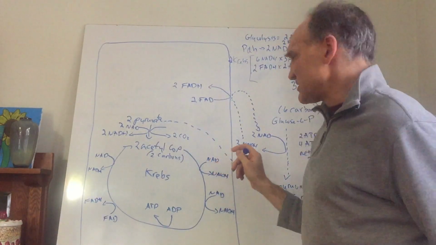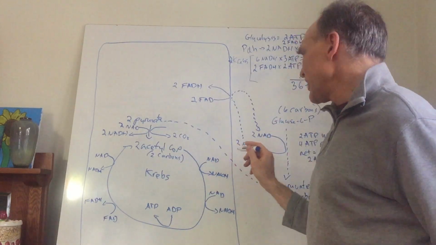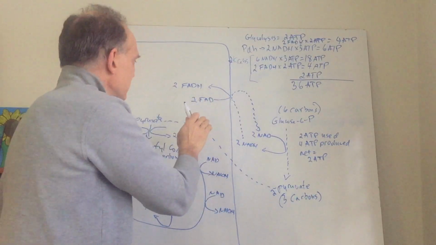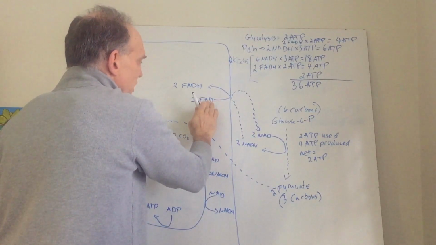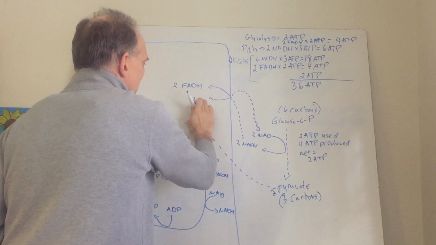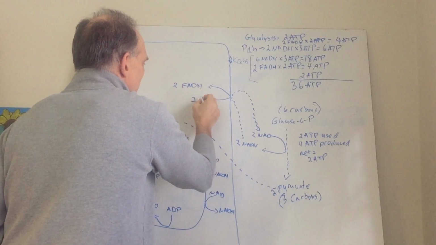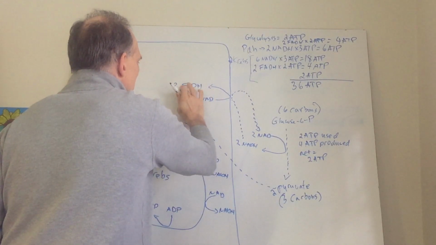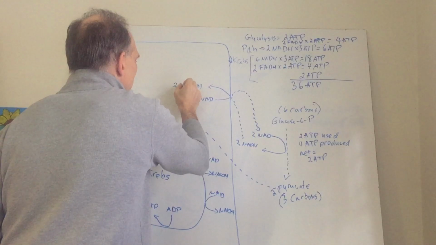Another twist here is that if you're very aerobically trained, then this shuttle system changes slightly. Instead of having 2 FADH produced on the other side of the mitochondrial membrane, you actually have a different shuttle system that allows 2 NADH to be formed instead of FADH.